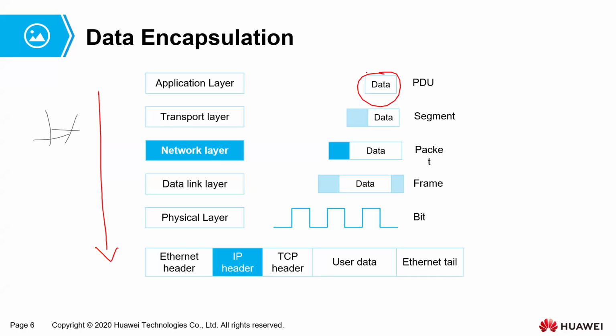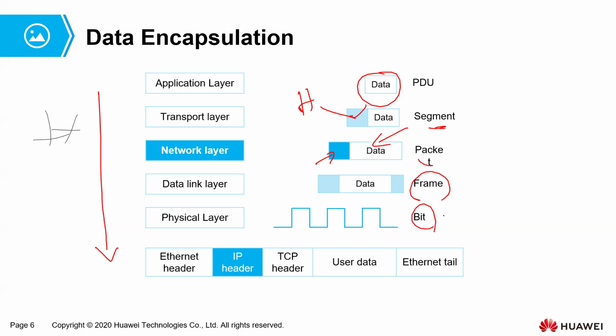As we move down to the transport layer, we add this information. So this is a transport layer header. After adding, we get a segment. As the segment goes down, we add another header. It's now called a packet at layer 3, frame at layer 2. Then it's converted to bits for transmission at layer number 1.